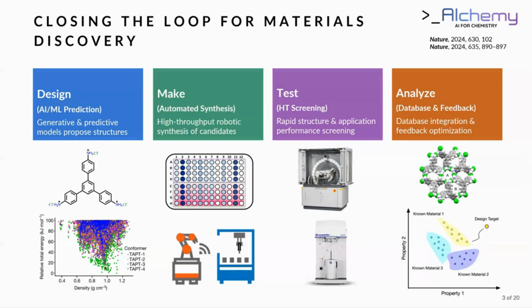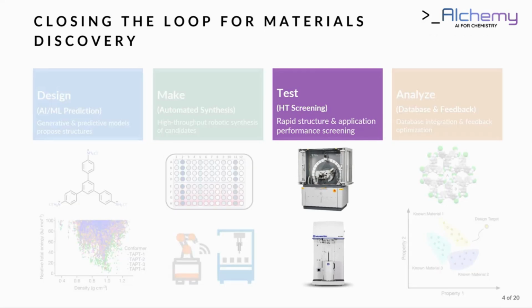So this workflow accelerates discovery, ensuring that the AI doesn't just propose new materials, but also learns and improves from experimental validation with every cycle. So in this talk, I will highlight our contribution to the test stage, where rapid screening plays a critical role.